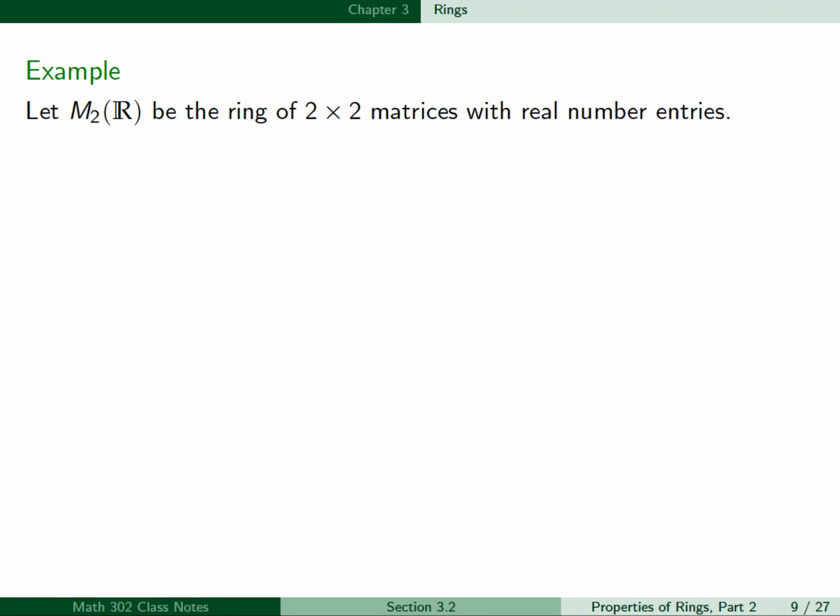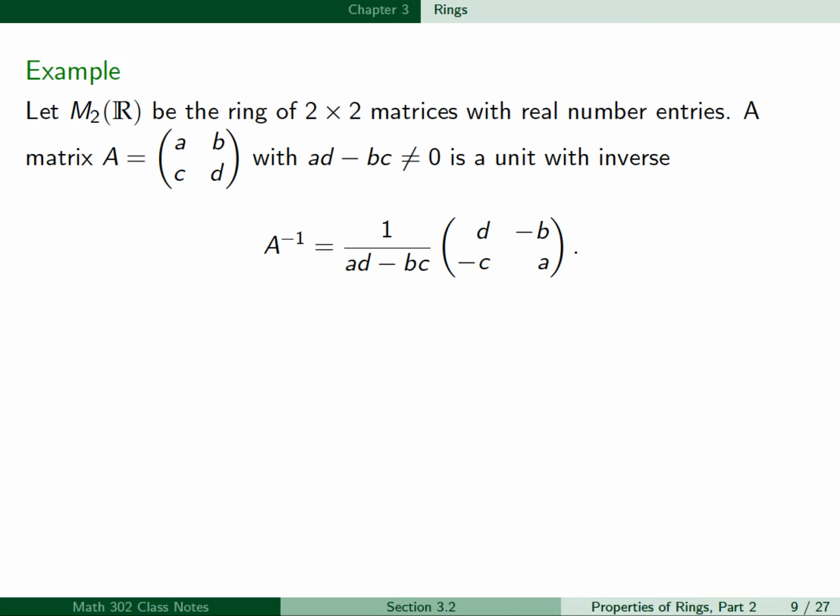For another example, let's let M sub 2 of R be the ring of 2 by 2 matrices with real number entries. So then a matrix A with entries a, b, c, d with ad minus bc not equal to 0 is a unit with inverse given by 1 over ad minus bc times the matrix with entries d, minus b, minus c, and a.